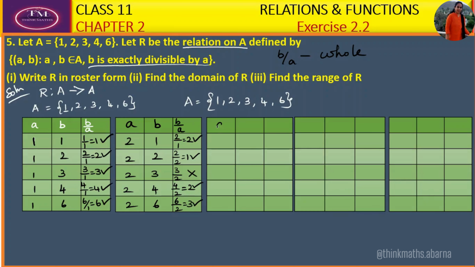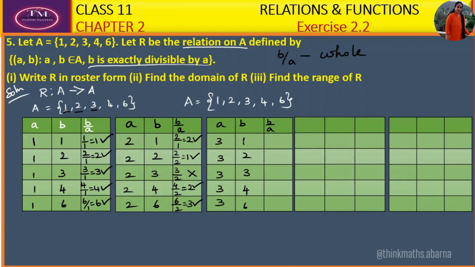Next, take a, b, b by a. We took 1, we took 2. Next we are going to take 3. So the first element is 3 in the ordered pair, and we pair it with all the elements: 1, 2, 3, 4, 6.